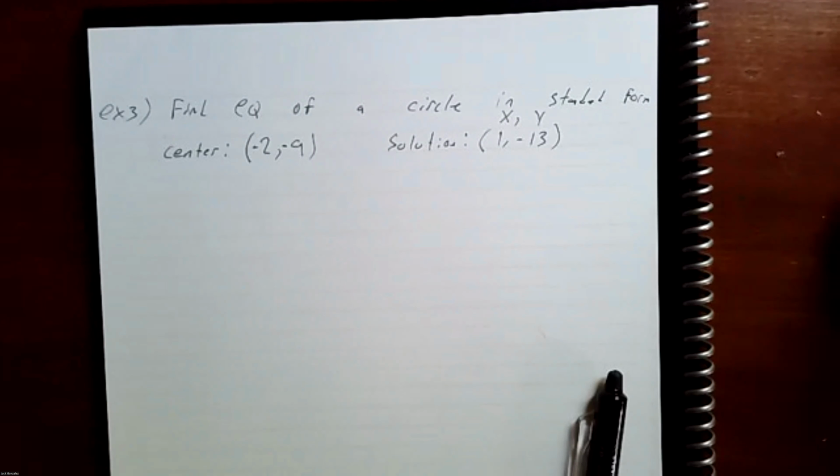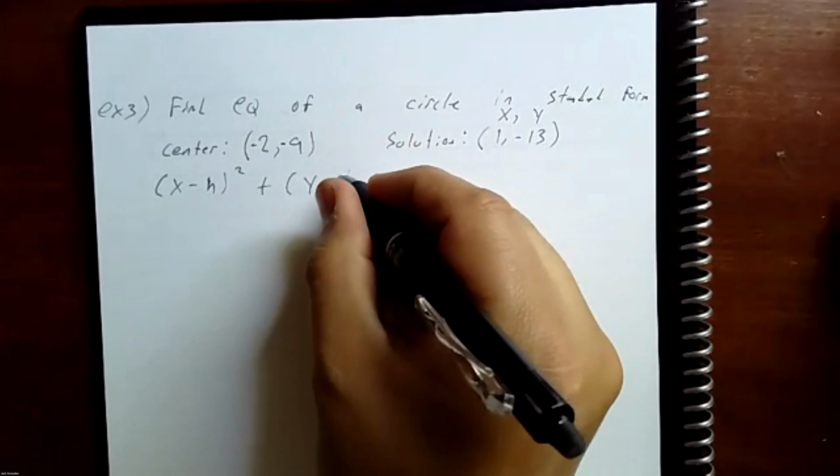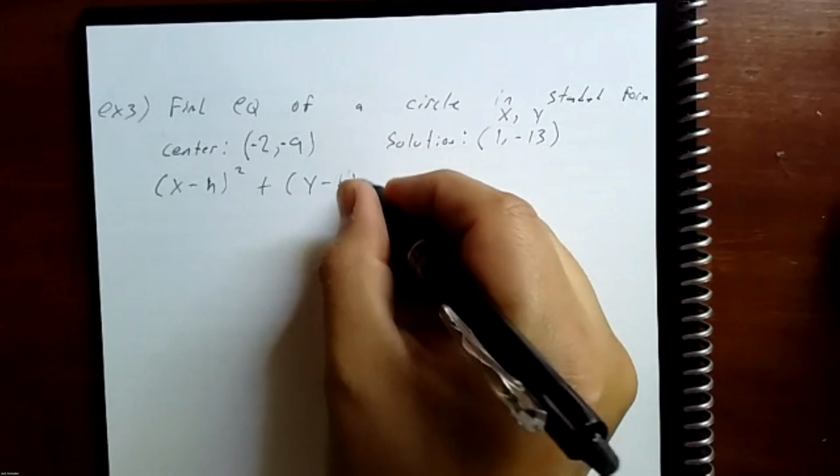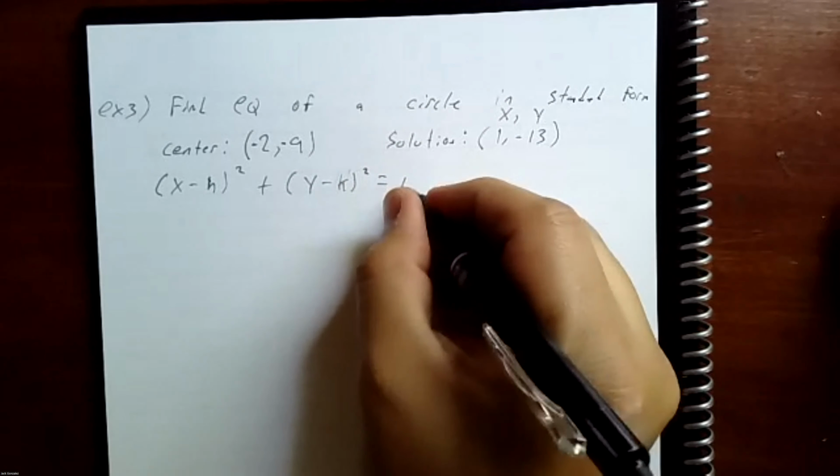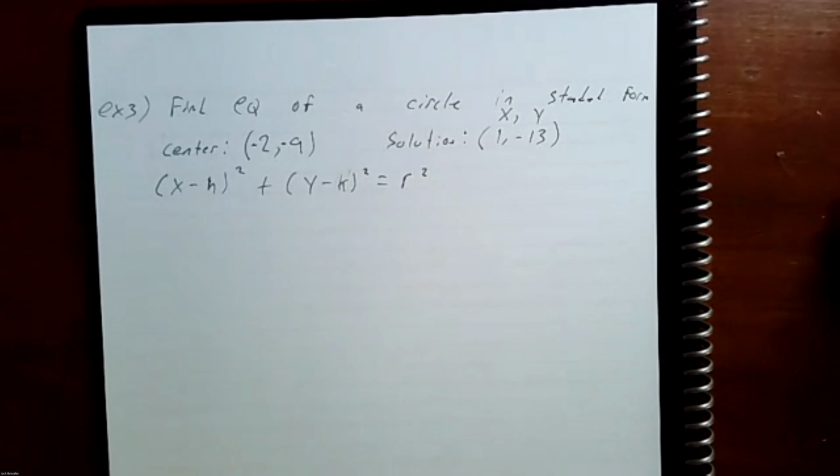Okay. So that means that it's on the circle and we can plug it in and not have any problems in this equation. Okay.